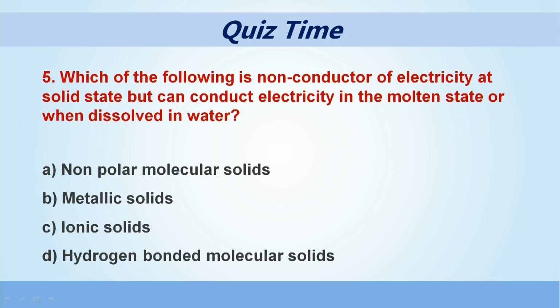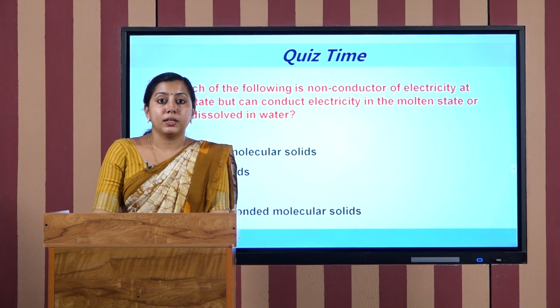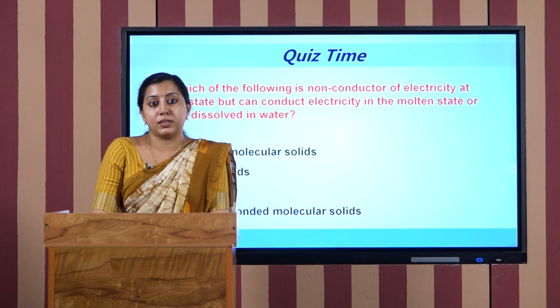Now, the last question was, which of the following is non-conductor of electricity at solid state but can conduct electricity in the molten state or when dissolved in water? Options are option A, non-polar molecular solids, option B, metallic solids, option C, ionic solids, and option D, hydrogen bonded molecular solids. Non-polar solids and hydrogen bonded solids are generally poor conductors of electricity.